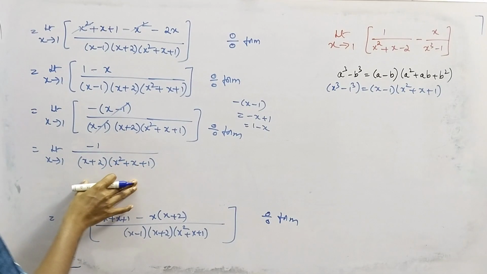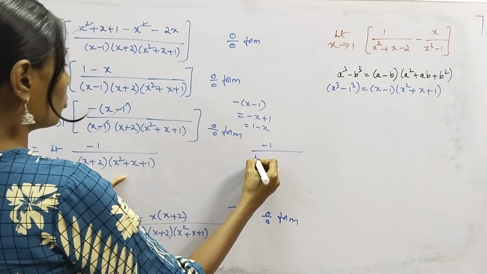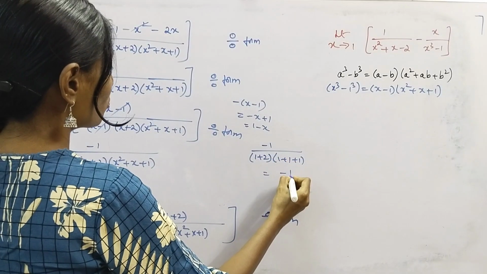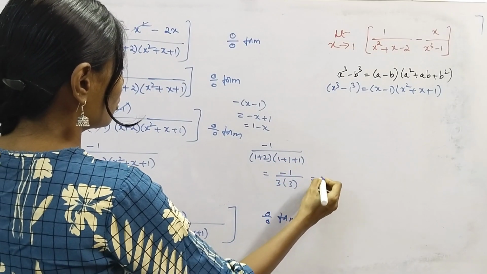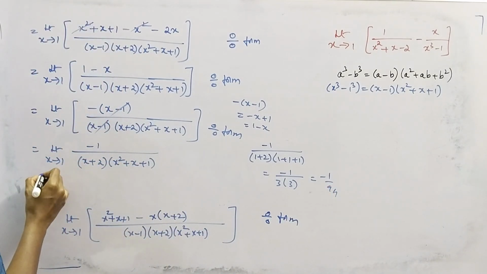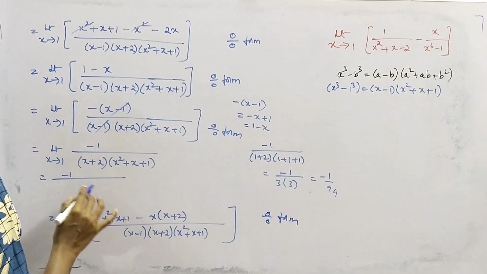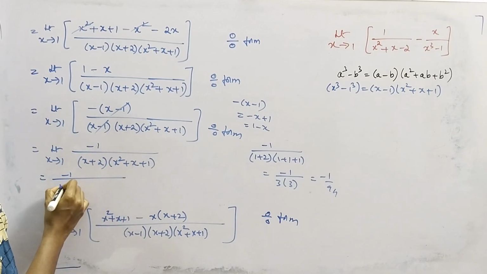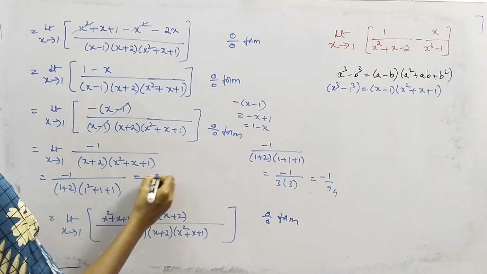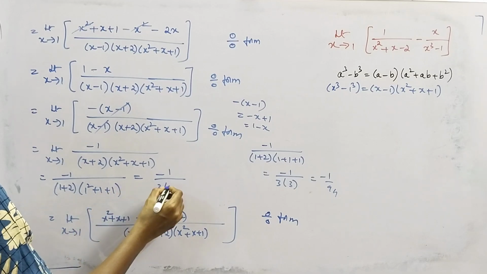Now try the direct substitution method. Just substitute x equal to 1 in this expression. You'll get minus 1 by (1 plus 2) into (1 plus 1 plus 1), which gives us minus 1 by 3 into 3, which is minus 1 by 9, right? So yeah, now you can use the direct substitution method. 1 square is 1, 1 plus 1 plus 1 is 3.